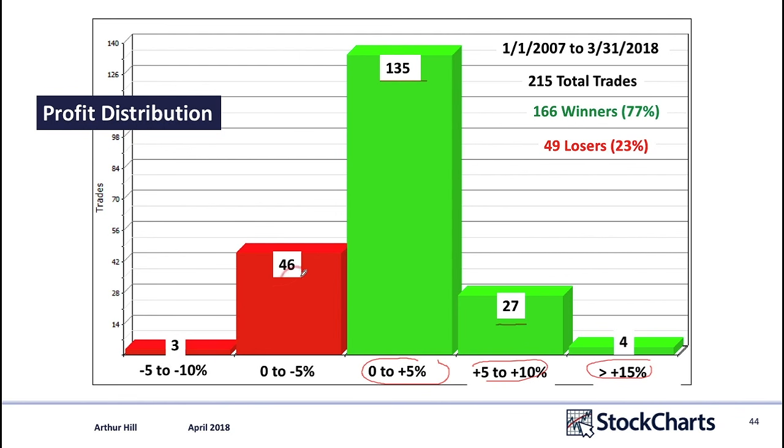And then on the losers, we had 46 in the 0 to minus 5% down, and 3 between a 5 and a 10% loss. So you can see only 3 trades where you had a loss between 5 and 10%. That's not too bad. So you had 166 winners, 77%, 49 losers, 23%. That's not too bad.